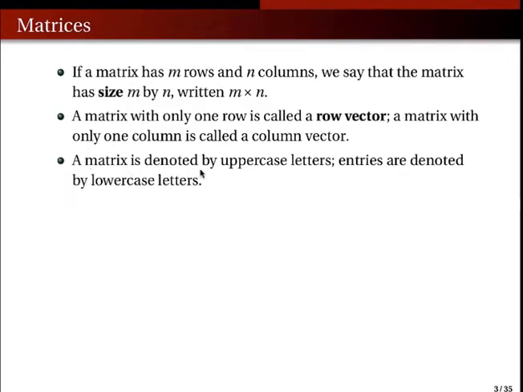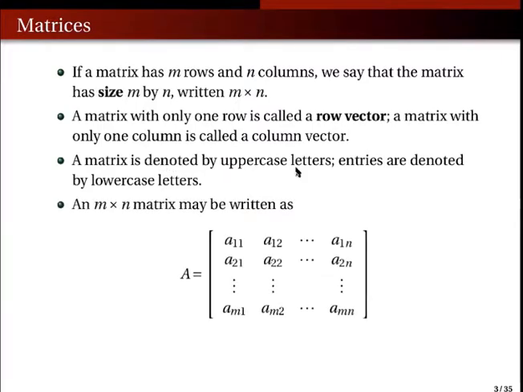Next, a matrix is denoted by uppercase letters, and the entries are denoted by lowercase letters. Of course, if you are talking about the general form of matrices, the entries are not necessarily numbers, so we will denote the entries by lowercase letters. And for the name of the matrix, if you want to give a name to the matrix, we denote it by uppercase letters.